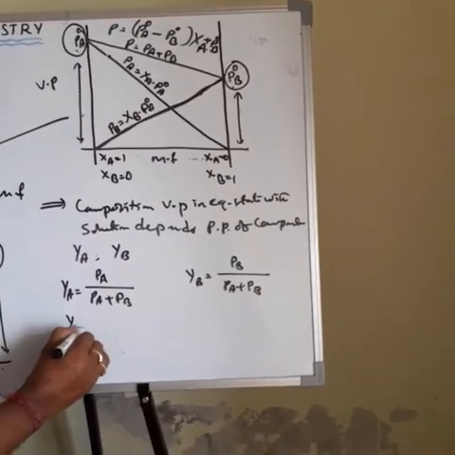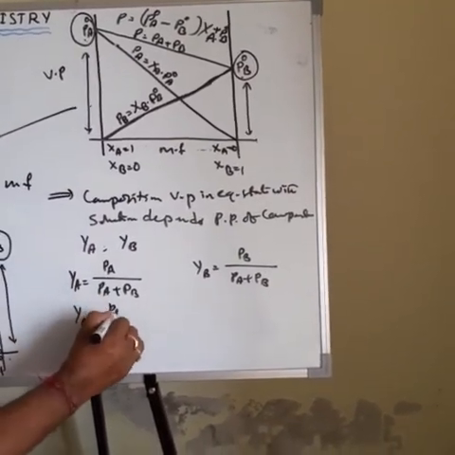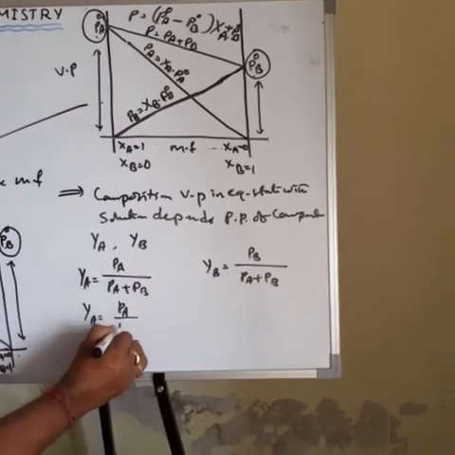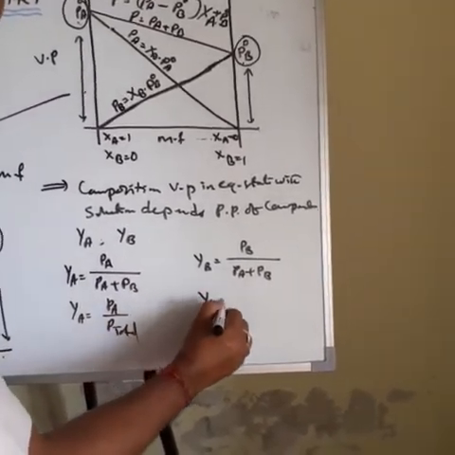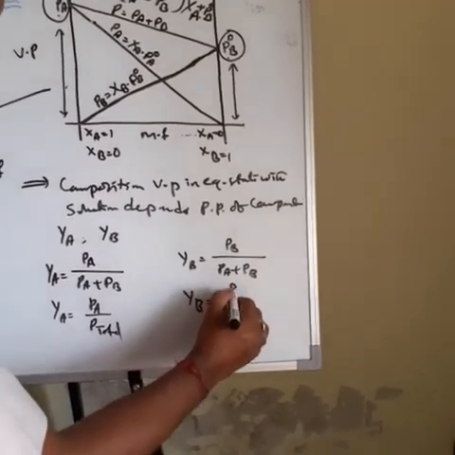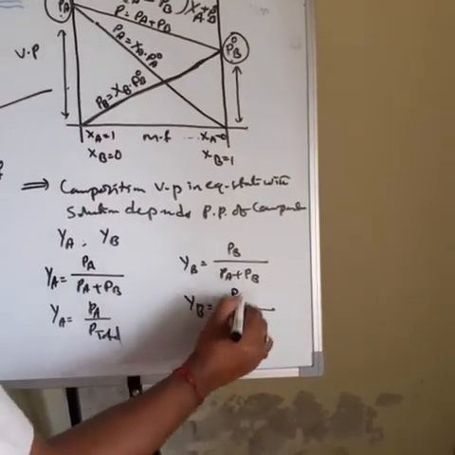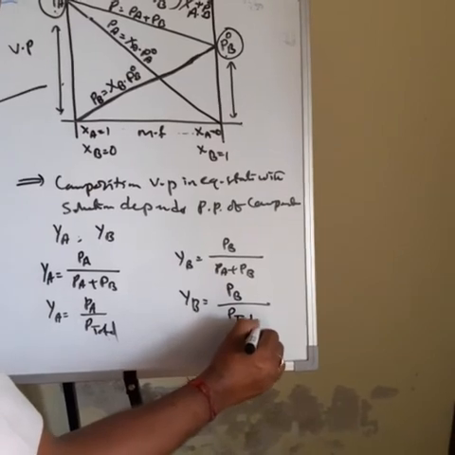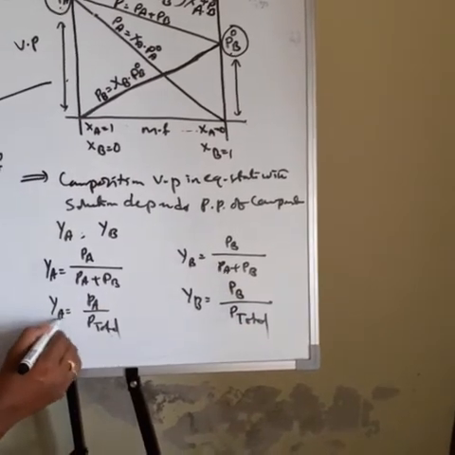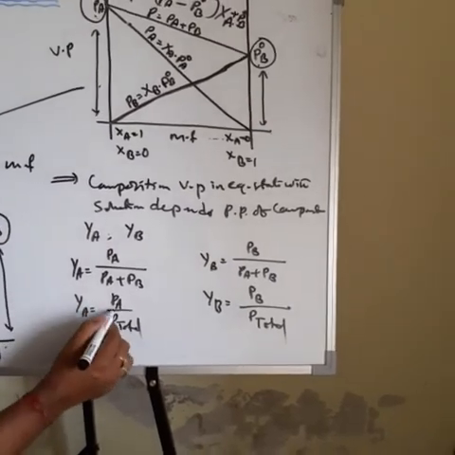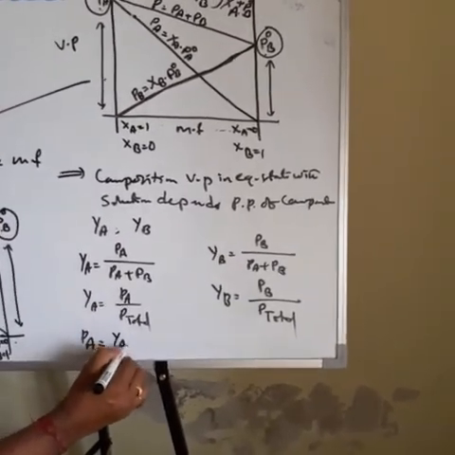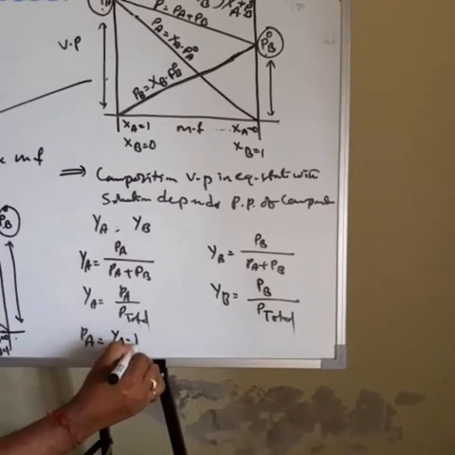Therefore, the mole fraction of solute Ya is equal to Pa divided by Pa plus Pb, which is the total pressure P total. Then Yb, the mole fraction of compound B, is equal to Pb divided by Pa plus Pb, that is, the total pressure P. From this equation, the partial pressure of A is equal to the mole fraction of A into the total pressure.